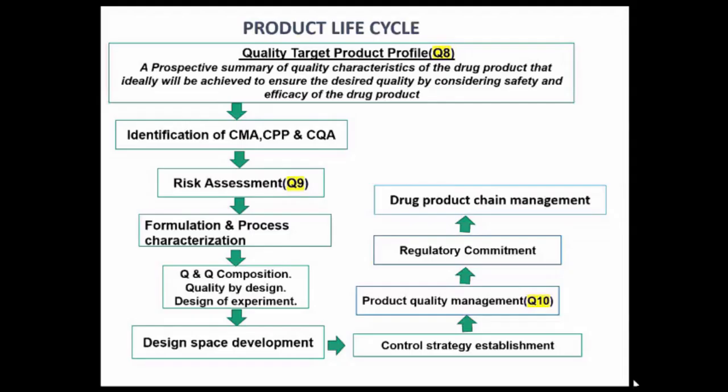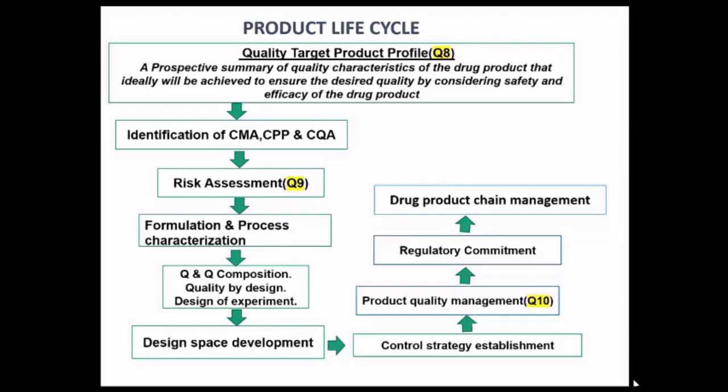You will be checking the MSDS, Material Safety Data Sheet. By evaluating the MSDS, you will understand that all my raw materials are safe, so minimal precautionary procedures are required to develop and manufacture the product. Like that, you will give some confidential statement. Then we can go further. Q&Q composition completed. Then quality by design.